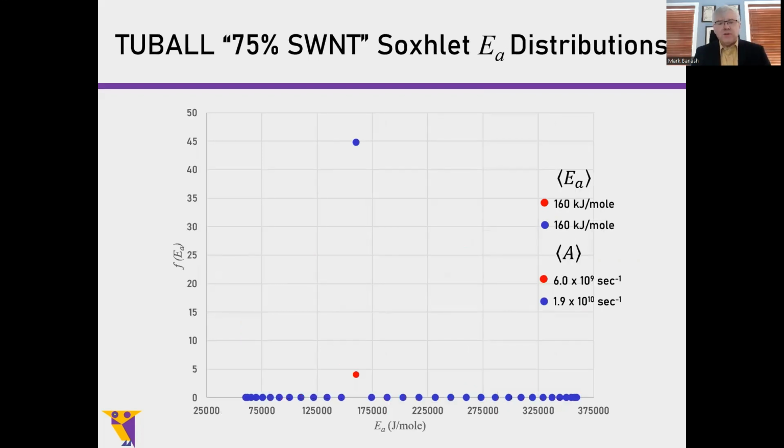Here's the Soxhlet material. Both components reduce to the same activation energy. They have a different kinetic prefactor, mind you, but it turns into a single peak. Strip off the stuff, and you find a very homogeneous surface.